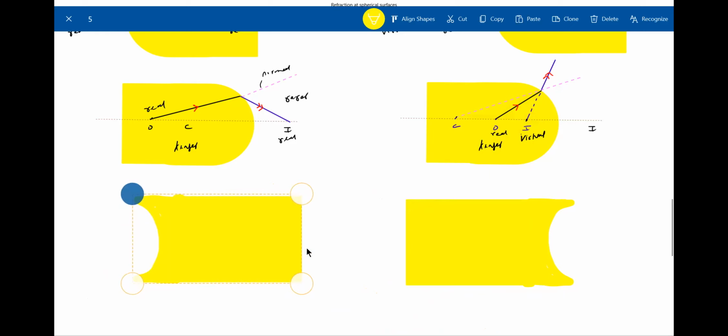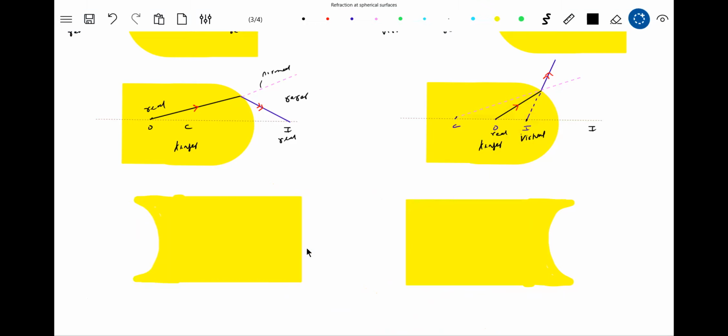Okay, now you see this. I'm going to keep the object in denser medium. Where the center of curvature of this will be here. This is the center of curvature.